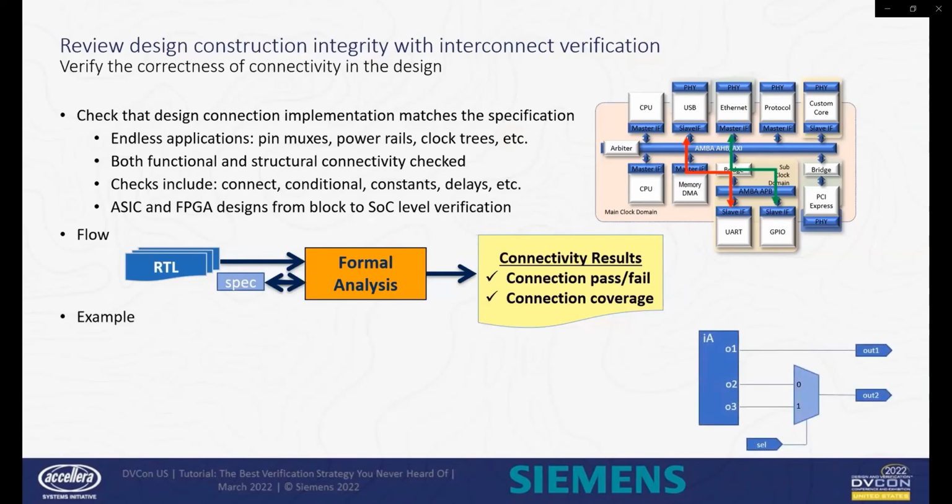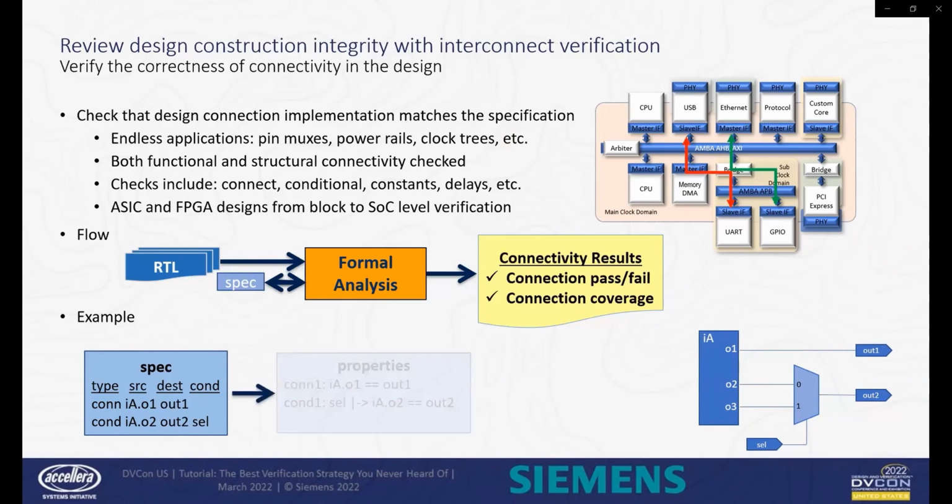Here is a simple example design showing some direct and conditional types of connections. A specification describes the expected connections of the design. Here you can see a direct connect from IAO1 to OUT1 and a conditional connection from IAO2 to OUT2 when the select is 1. The specification is converted into properties.